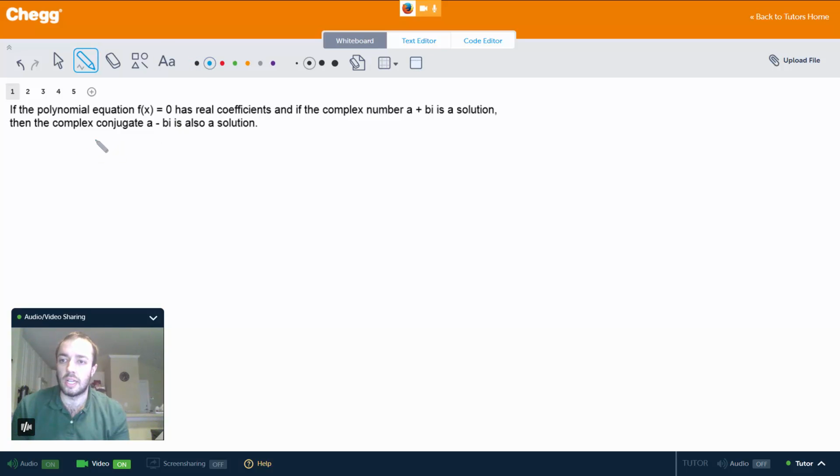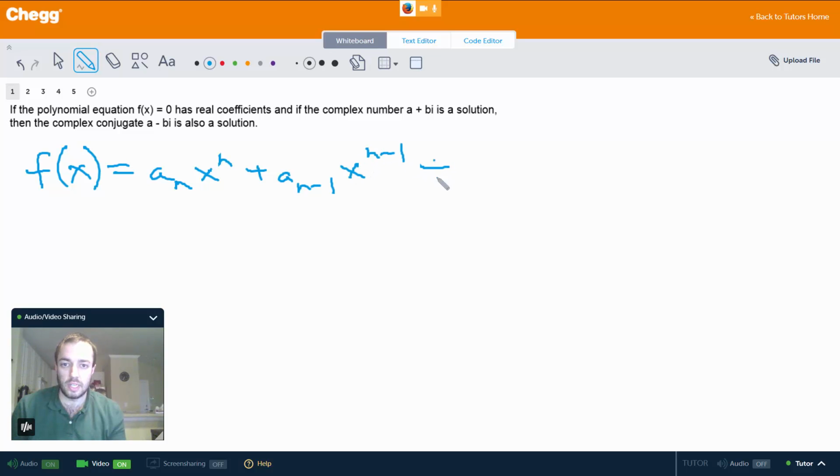So first of all, if f of x equals 0 is a polynomial equation, that means f of x is a polynomial, which means we can write f of x as a sub n times x to the n plus a sub n minus 1 times x to the n minus 1 plus dot dot dot plus a1 times x to the first power plus a0.